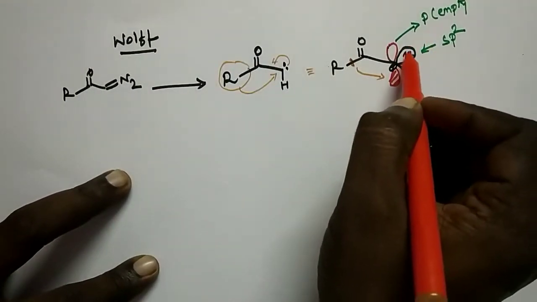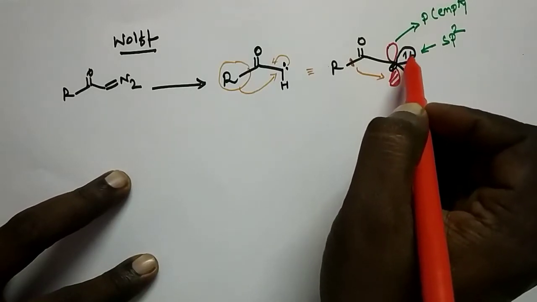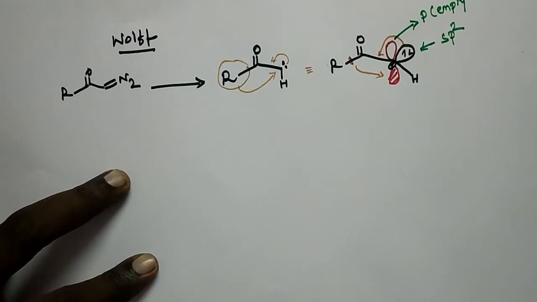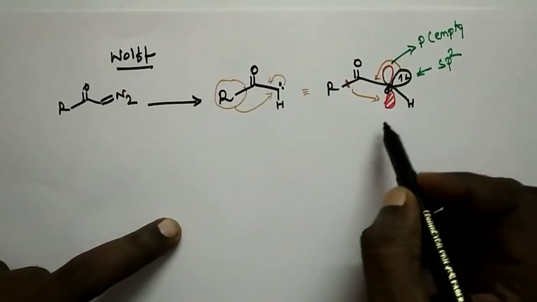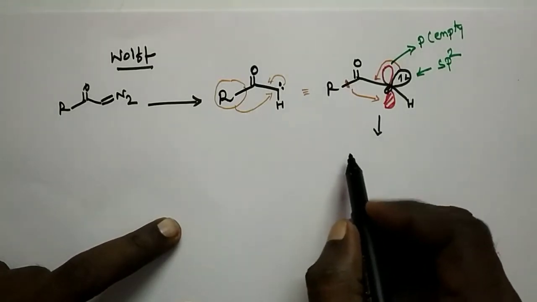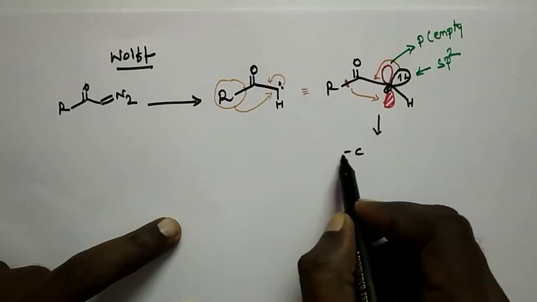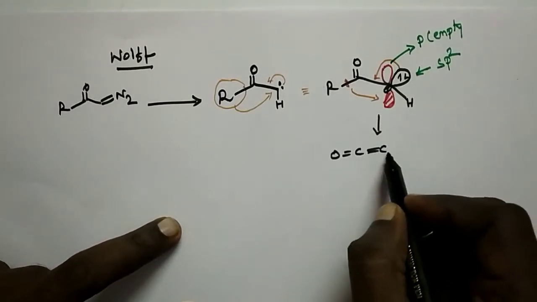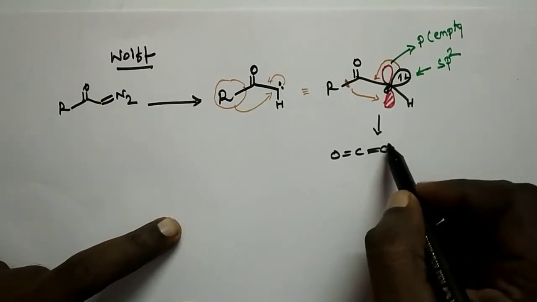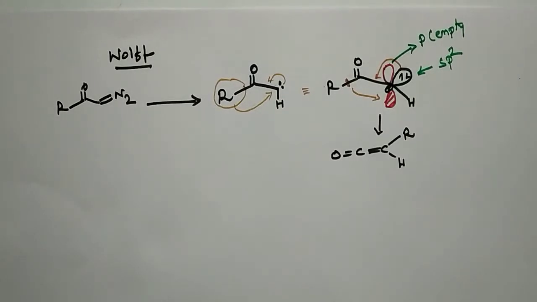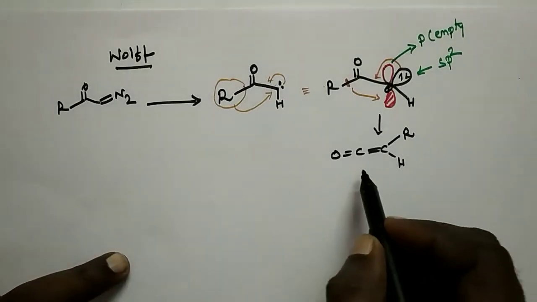At the same time, the 2 non-bonding electrons delocalize here. So that is what is happening actually. So this is equal to C double bond O, CH, R. So this is a ketene.